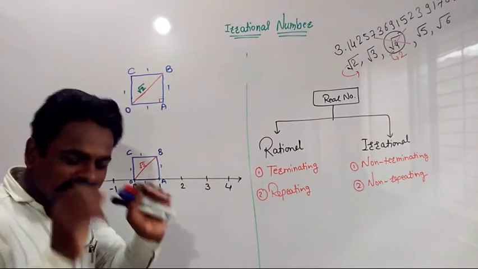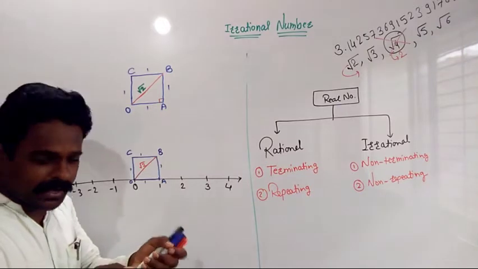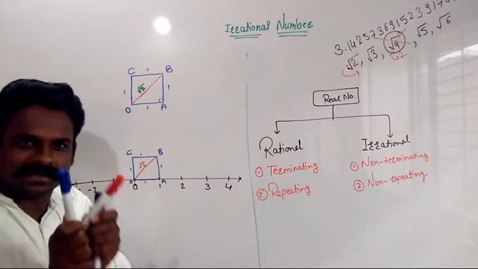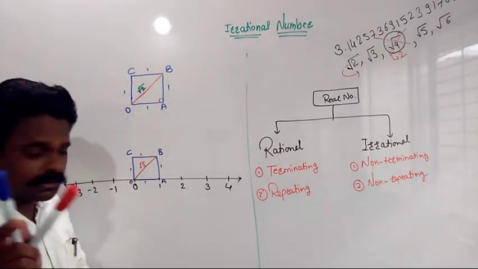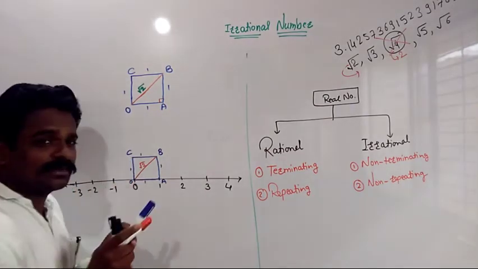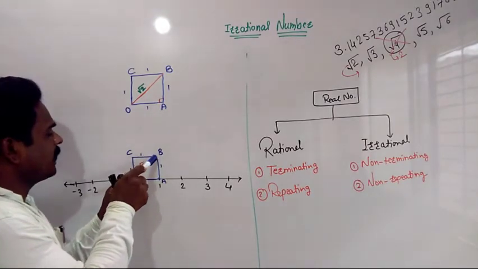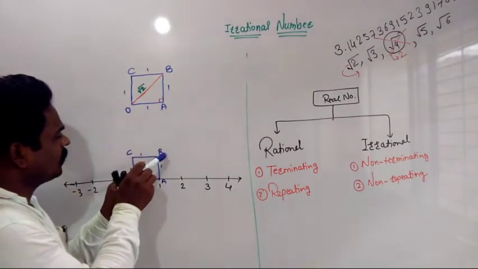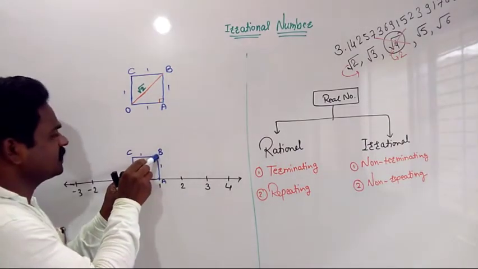You are going to do just a simple task. Take your compass. Put one end of the compass at point O, and put the other end at B.